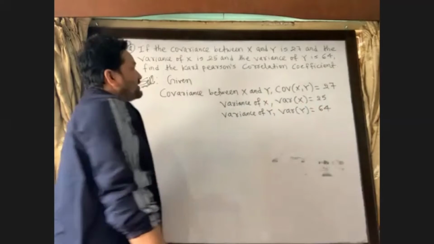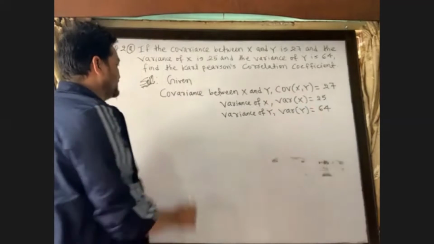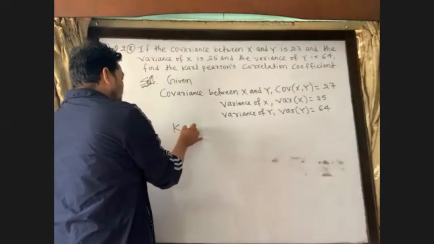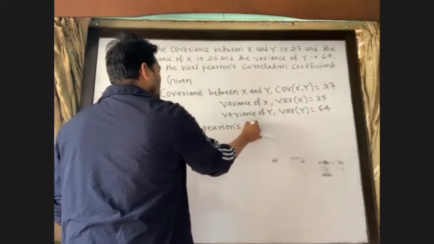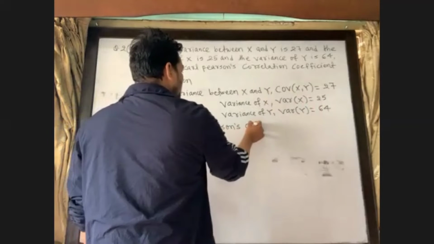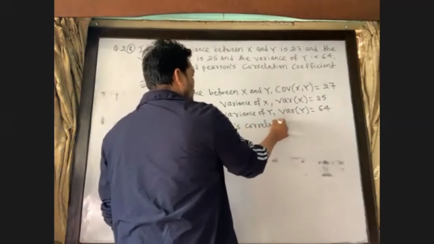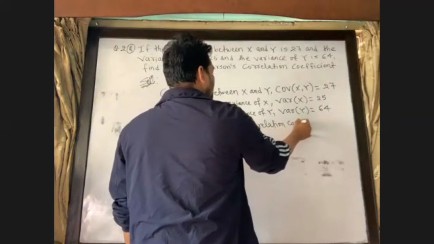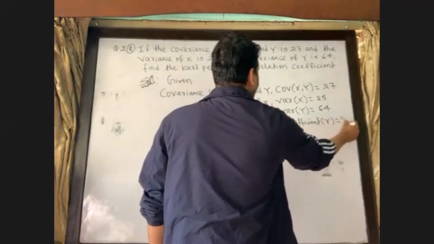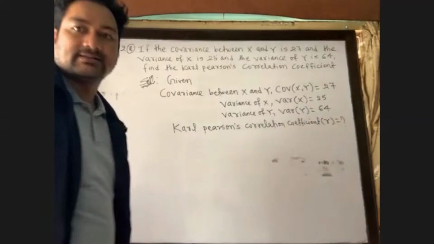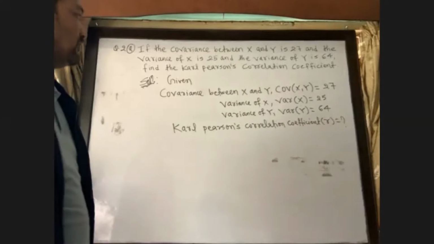Then we are asked to find the Karl Pearson correlation coefficient, that is, r is equal to what?